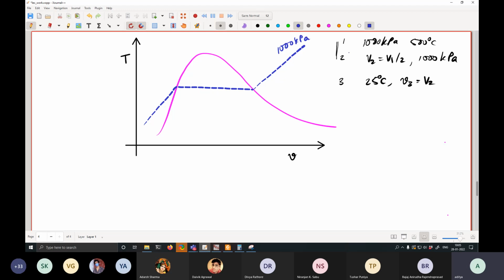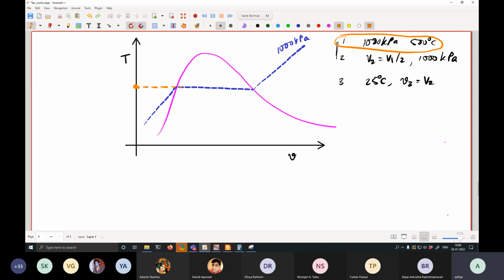On this isobar, how will I identify where point 1 will be? First of all, what is this temperature, Tushar? It's 500 degrees Celsius. No, this is not 500 degrees Celsius.